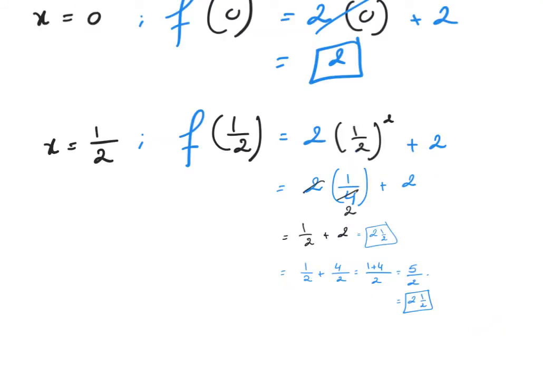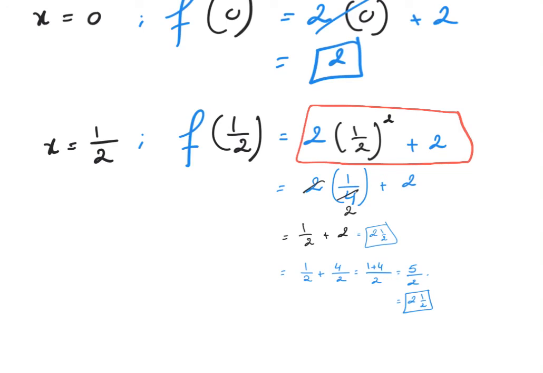Also here I want to mention something very important. When I have this part here, as you can see, we use the order of operations. So we use the exponent first. Don't multiply 2 with 1 over 2 first. So you don't simplify 2 with 2. That's wrong. You have to use order of operations first, which means you have to use the exponent.